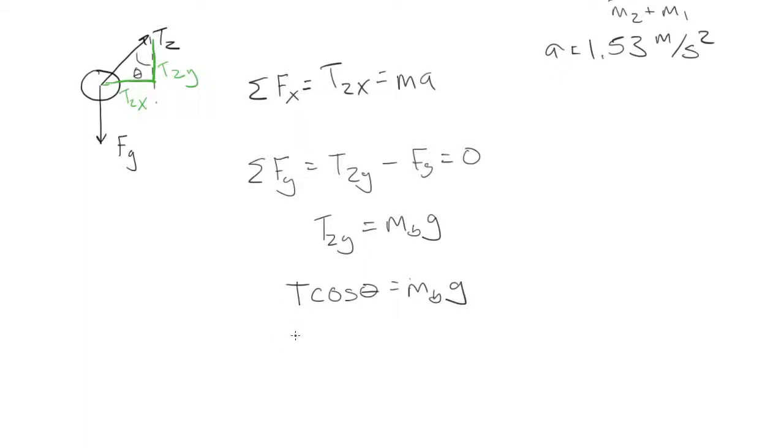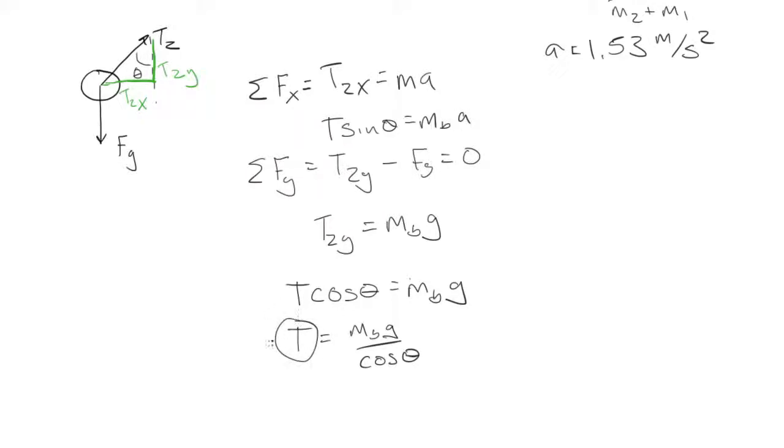Then I can solve for tension. It's equal to the mass of the ball times gravity divided by cosine of theta. This equation up here I need to write in terms of just my tension, which is now T times the sine of theta equal to the mass of the ball times the acceleration.